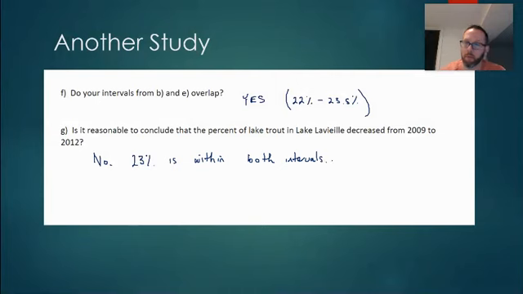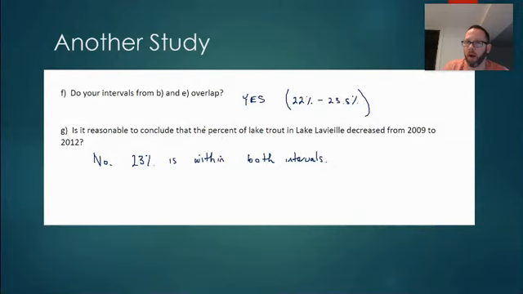What could be possible, and is actually kind of 95% likely to be possible, is that the lake trout population was 23% of the lake back in 2009, and it's 23% again in 2012, and it never changed. So we can't conclude it's dropping. We can't say it's not dropping, like maybe it did, but we can't be sure. So we can't make any grand conclusions here, but at the same time, we don't have to.